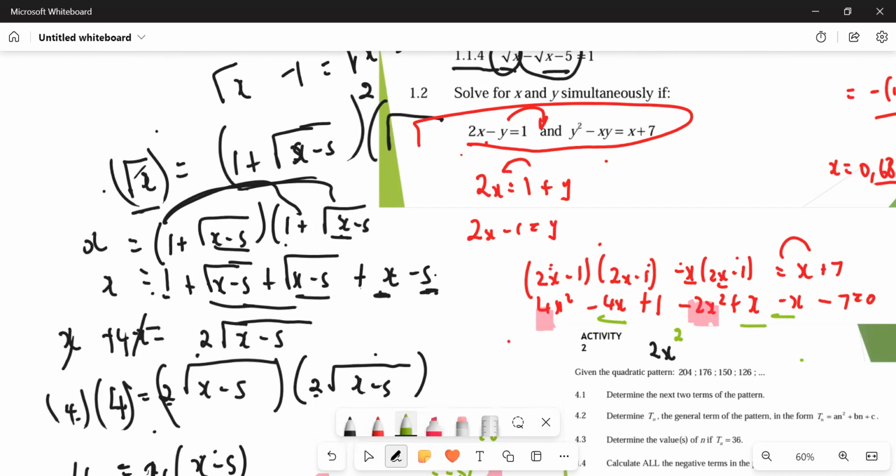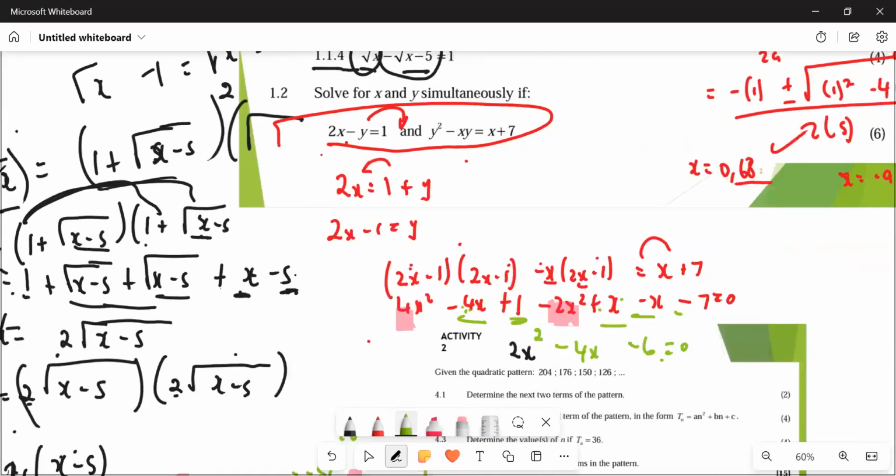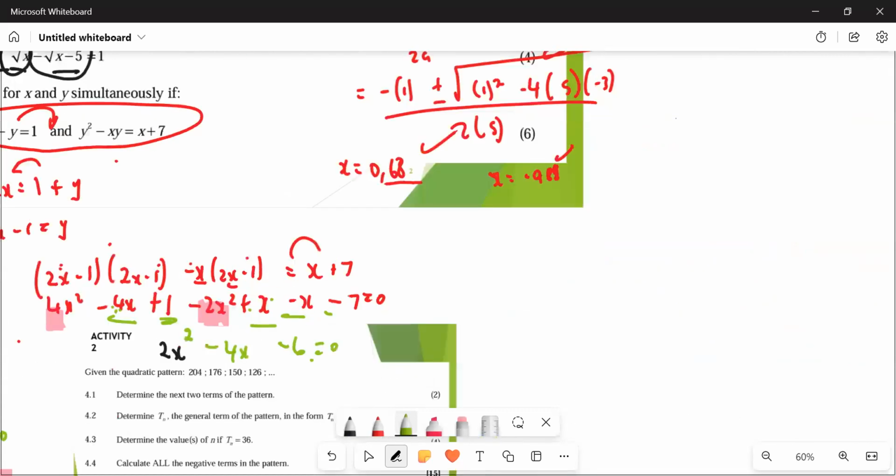So this one, it's minus 4, plus 1, minus 1. It gives us minus 4x. And then you have 1, you have 7. It gives us minus 6. It's equal to 0. Then you can put this in a quadratic formula.